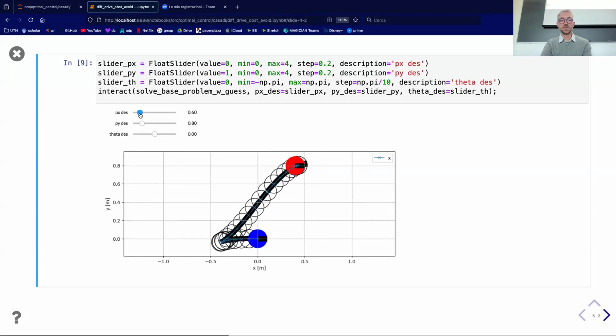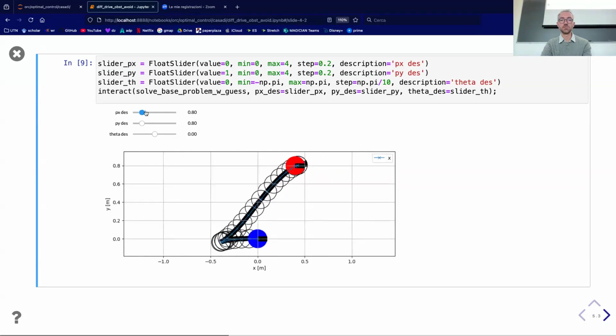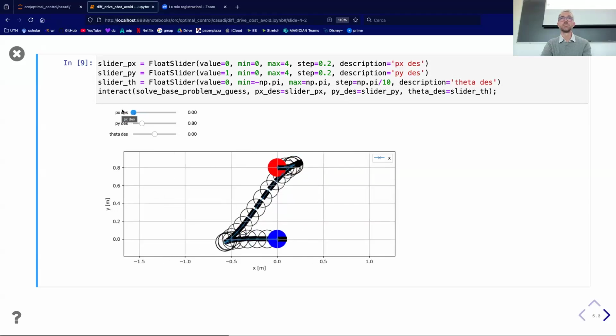So we can check now that when we reach that desired state, the solver doesn't seem to suffer at all. It's able to find a solution which is actually very similar to the one it was finding before.